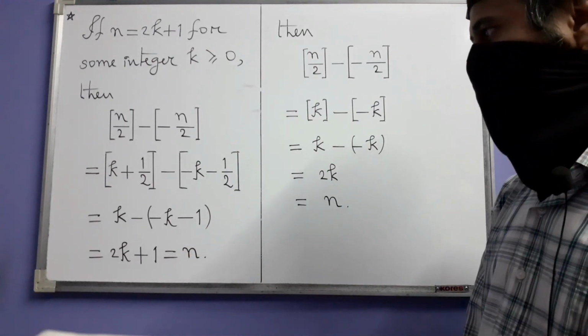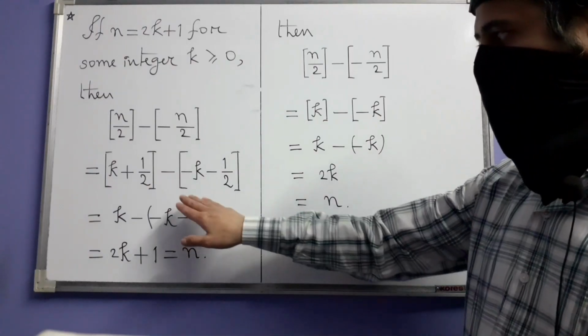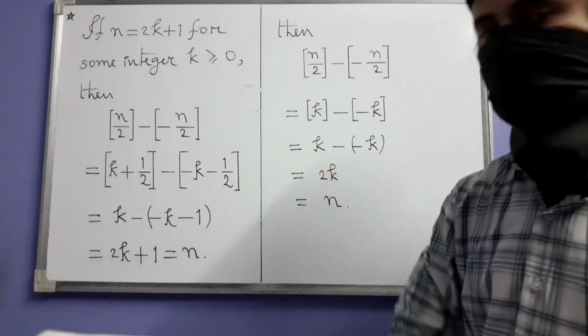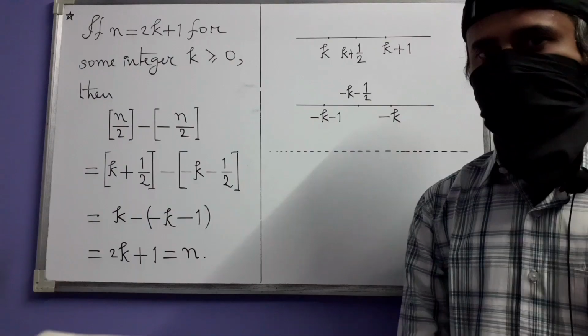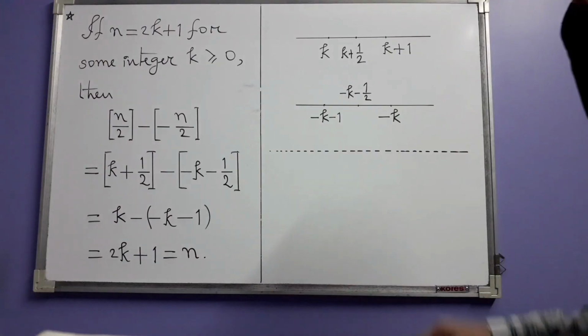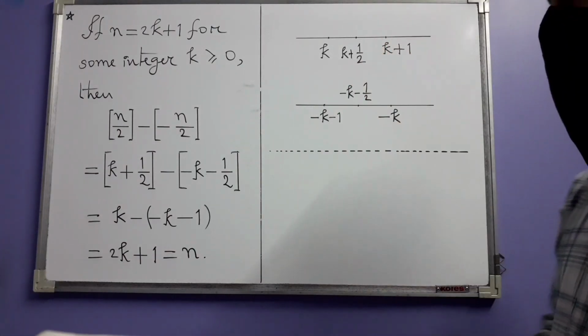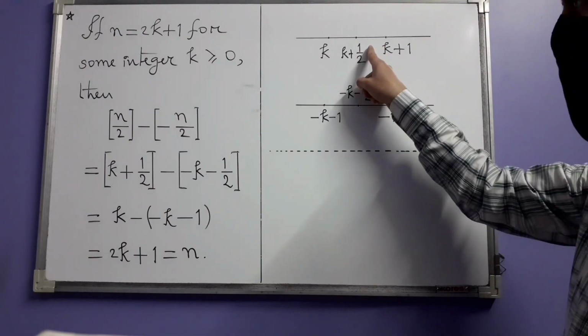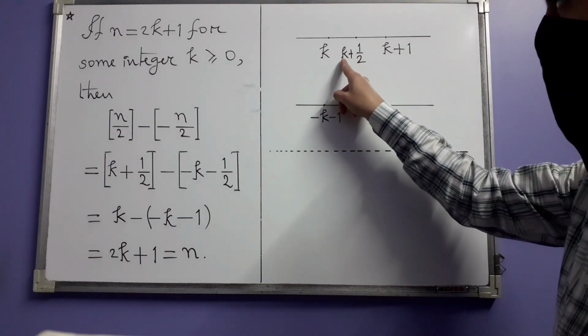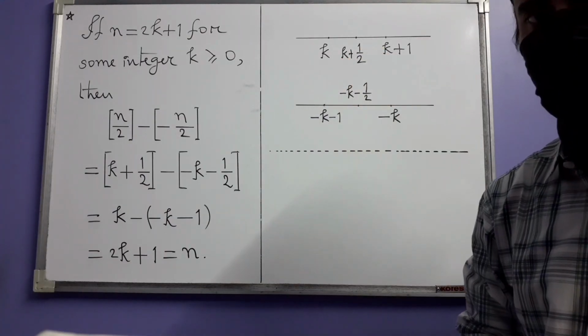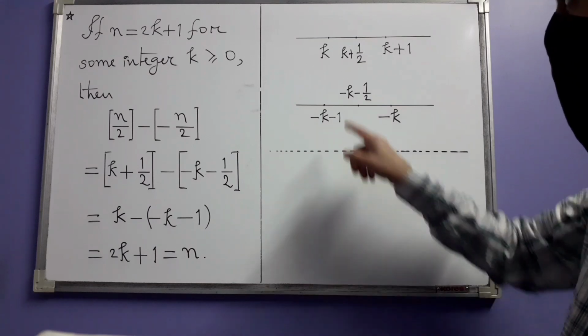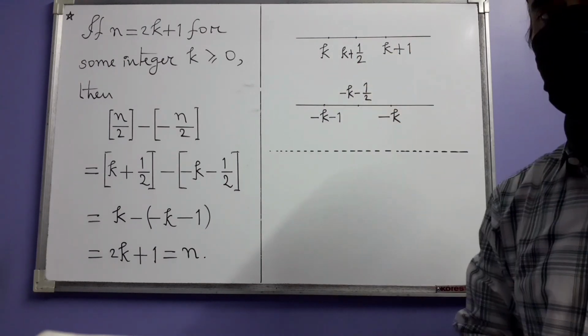But we need a little more explanation on how we are getting these things. You look at these diagrams. Both of them are diagrams of the number line. In this first one, we have located k plus 1 divided by 2 as the middle point of k and k plus 1.